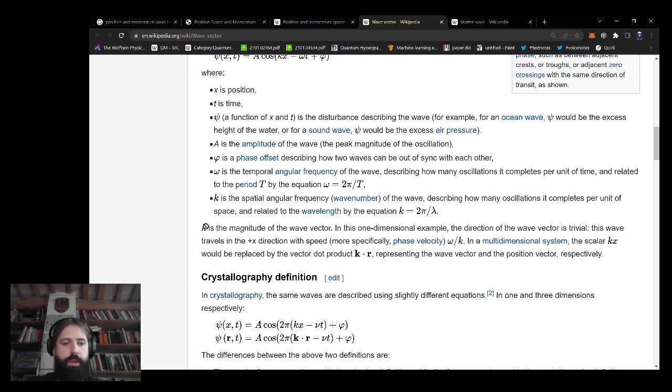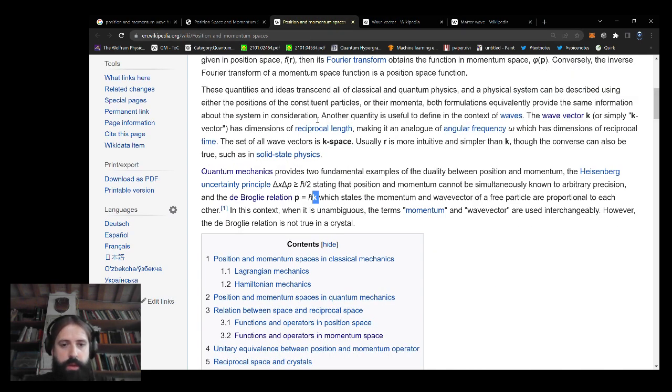I think that's important, and that is the magnitude of the vector, and then the direction tells you the direction. So it makes sense that it's somehow proportional to the momentum vector because it's related to speed in a way, right?